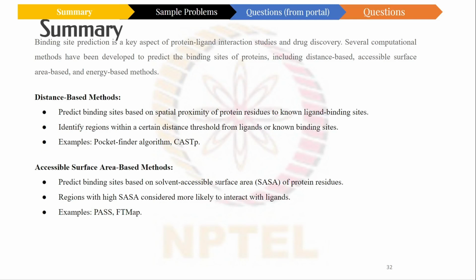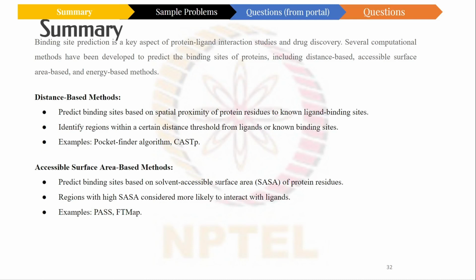What happens in a distance-based method is, using the Cartesian coordinates given in any PDB or structure file, they try to find the residues of a protein that are within a required cutoff. These cutoff values may depend on different types of proteins and different types of interacting partners we consider.